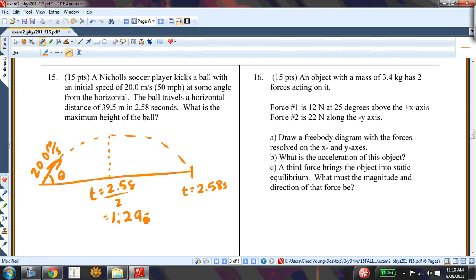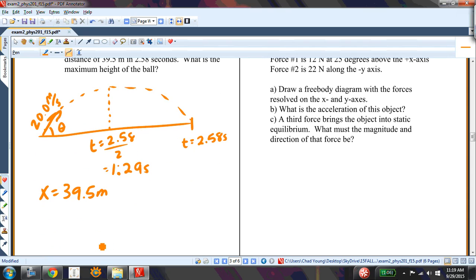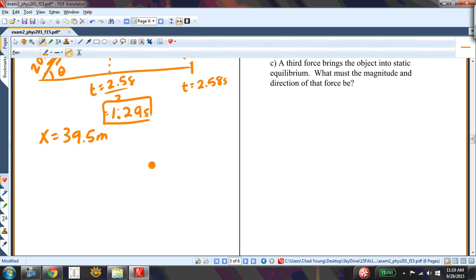I also know that x equals 39.5 meters, and that's all. Now, I want to know the maximum height of the ball, the y position at this point. That's why I need this time. But I don't know the angle theta, so I need to find that. I do know the x displacement, which is equal to v naught x times t.